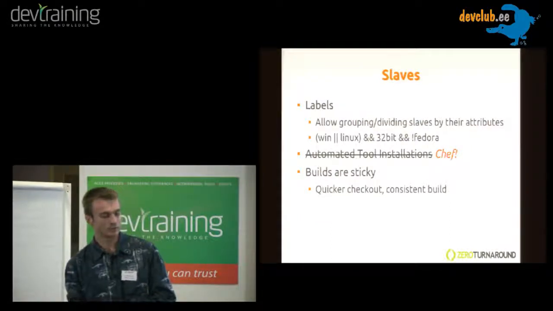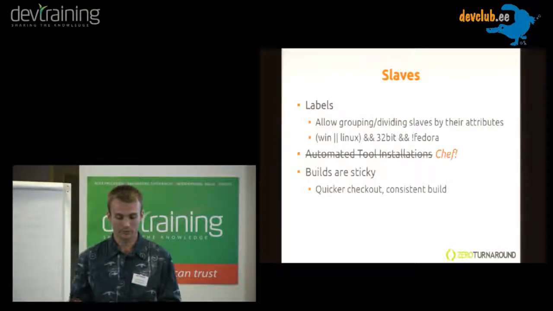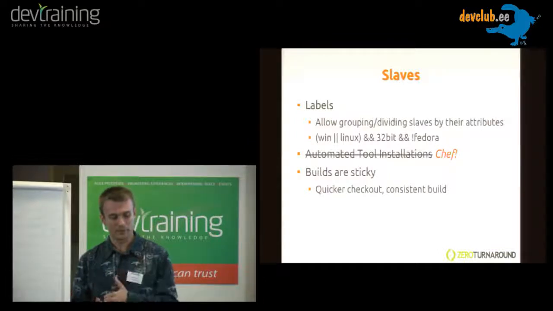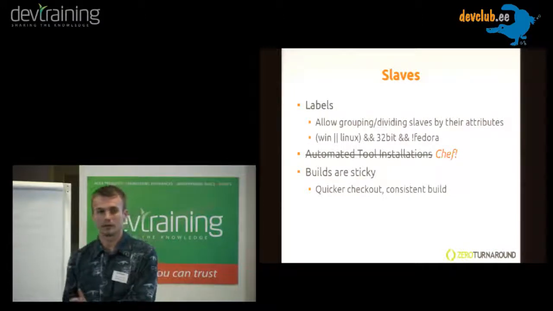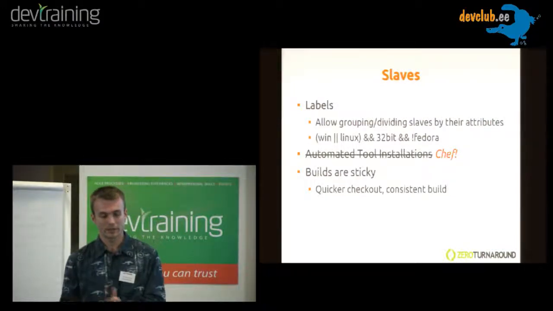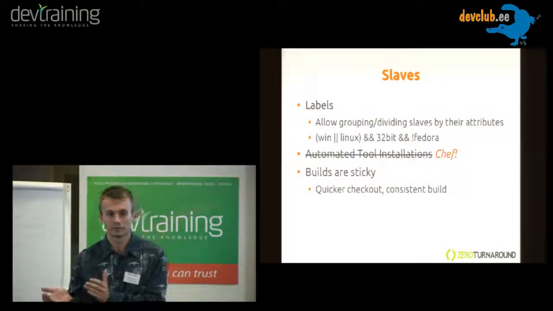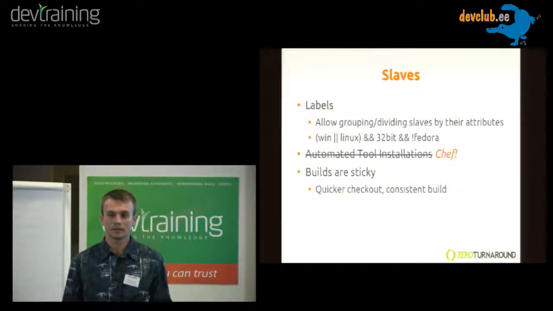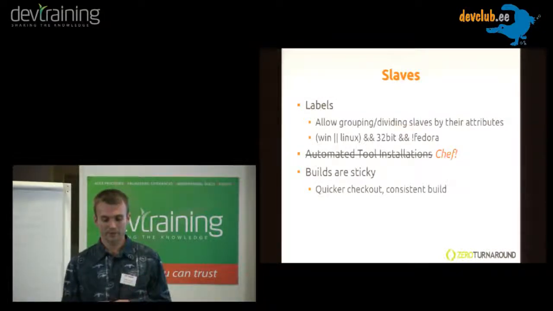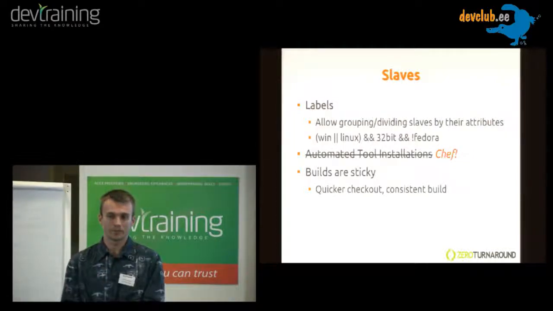Also, if you have different slaves where the project can be run, it may be so that one build is run on one slave and the other build on another. And when we see that the previous build was successful and this one failed, and we see that they are built on different machines, that means that there is a possibility that there is some error not in the project but in the environment where the project was built.